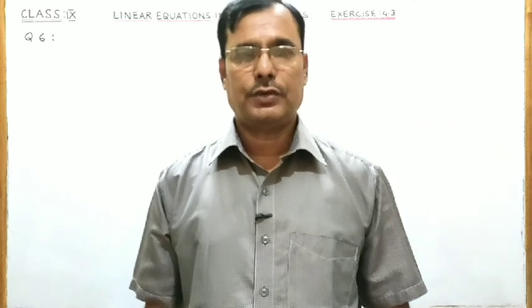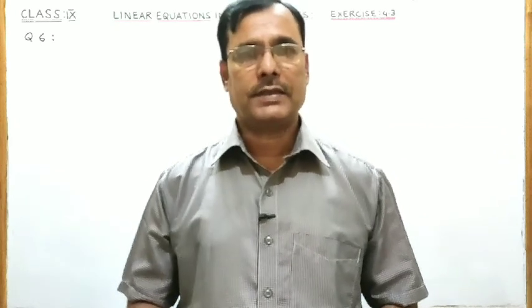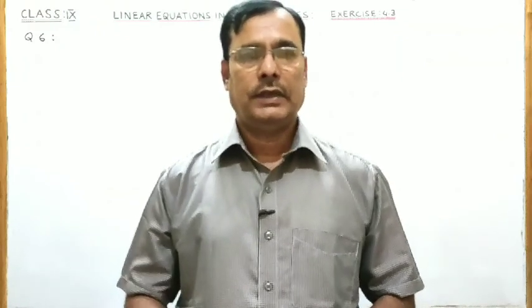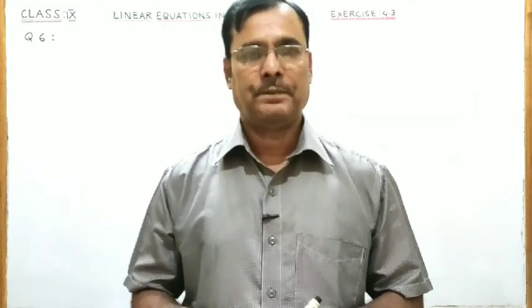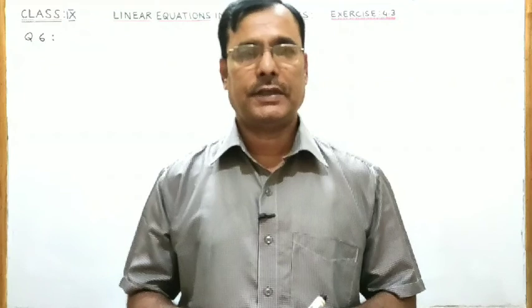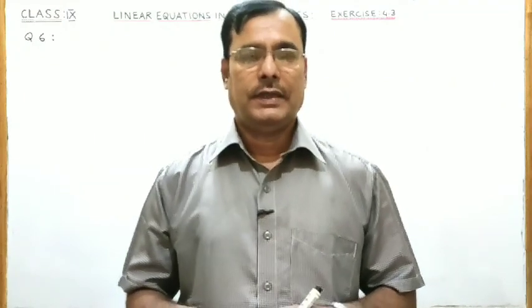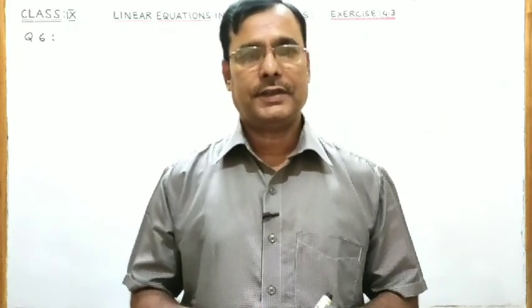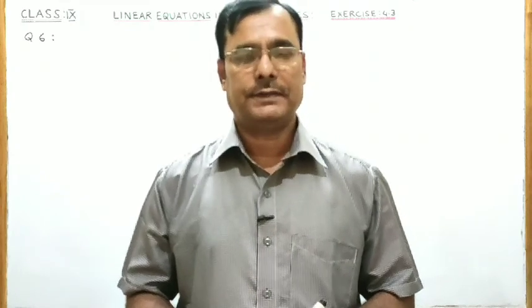Exercise 4.3 question number 6. If the work done by a body on application of a constant force is directly proportional to the distance travelled by the body, express this information in the form of an equation in two variables, and also draw the graph of the same by taking the constant force as 5 units.